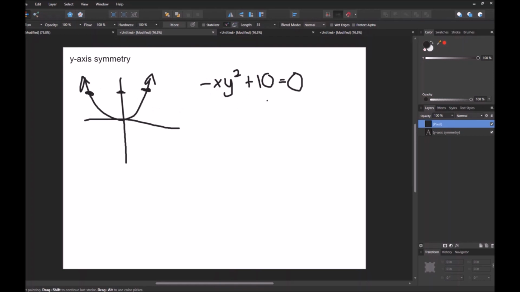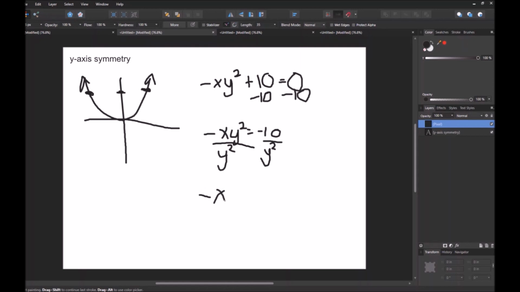So in order to see if this is the same equation, we're going to subtract 10 on both sides. And so we'll have negative x times positive y squared equals negative 10. And then we divide by y squared, because we're trying to get the x all alone, basically.